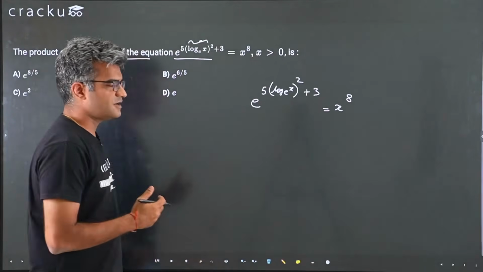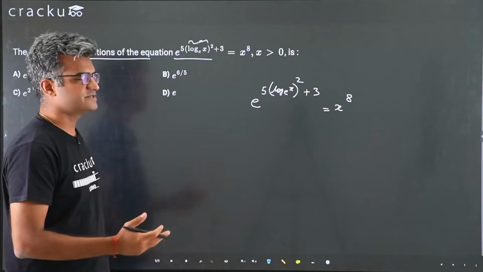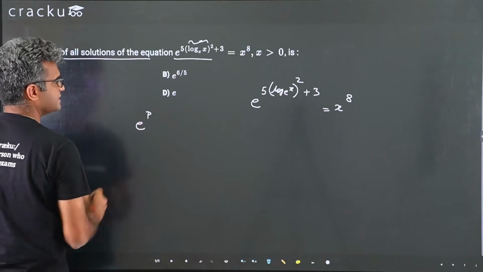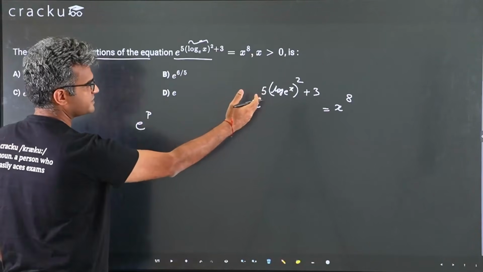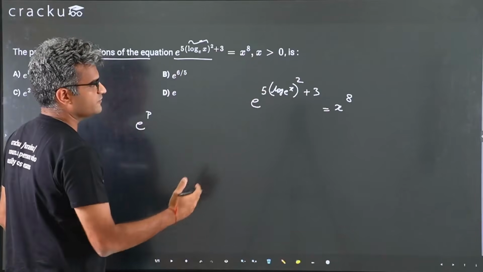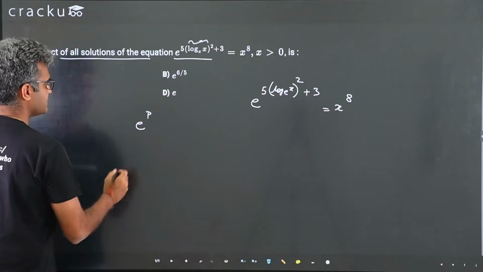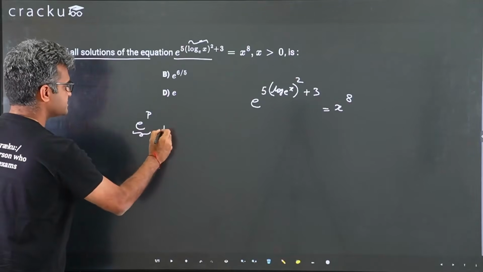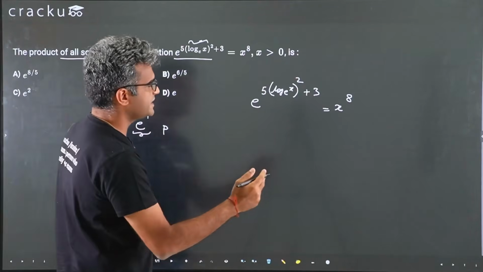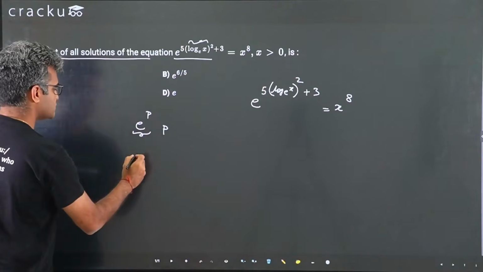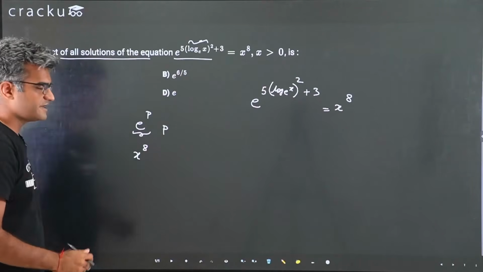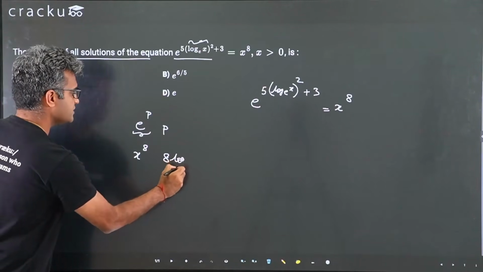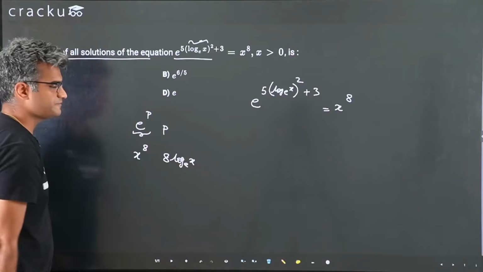If you are taking log to the base e on both sides, the left hand side is of the form e to the power p, where p is 5 times (log x to the base e) whole square plus 3. If you are taking log to the base e for this particular term, we are going to get just p. And on the right hand side, because this is x to the power 8, if you are taking log to the base e, you are going to get 8 times log x to the base e.